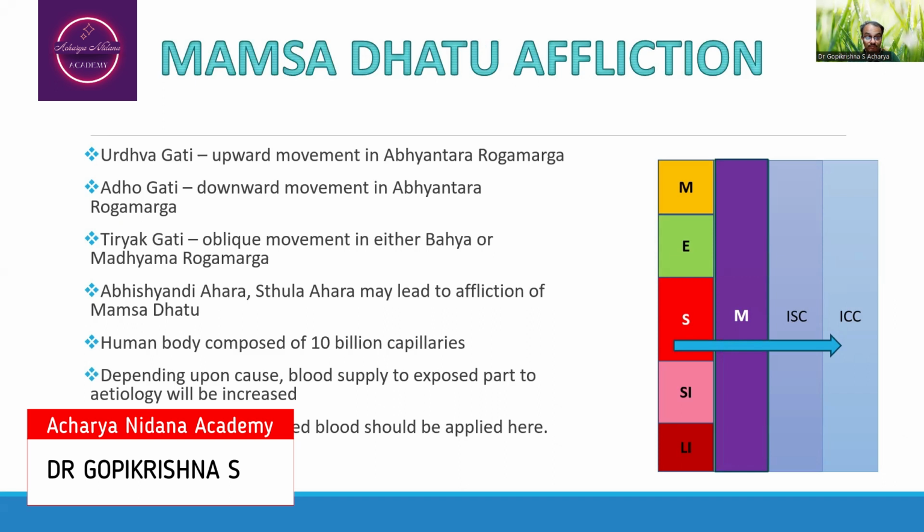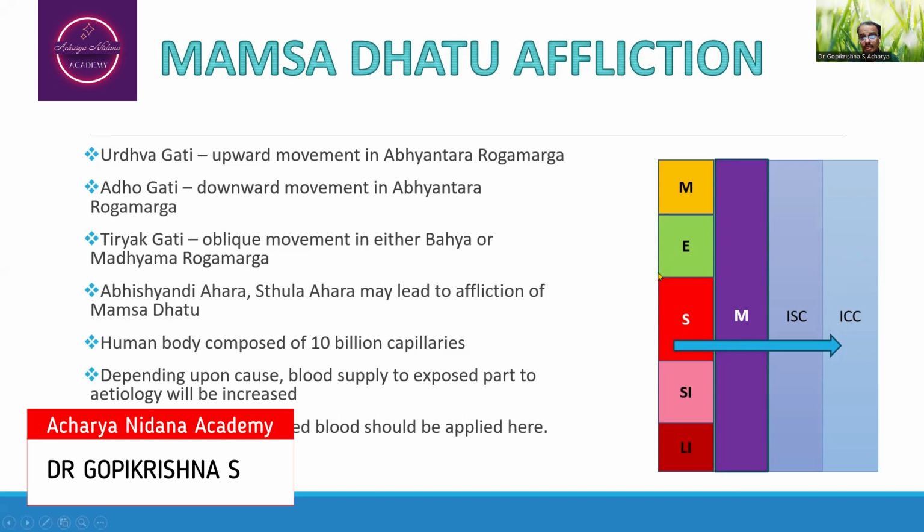Sthula Ahara, that means foods considered responsible for the increase of sthulata, for example black gram items, etc. If the person takes these substances in excess, the first and foremost thing, the mamsa dhatu, is going to be afflicted as per Ayurveda fundamentals.